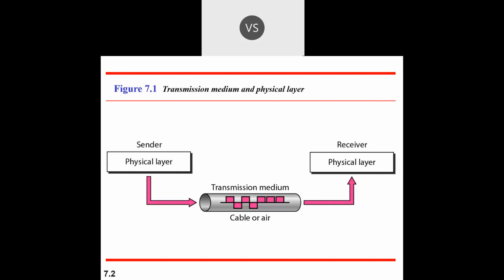So what is the task of the physical layer with this cable and air? Whatever signal is coming from the physical layer, according to those signals, whatever signal is going to be inside your cable, like if you have a coaxial cable, there are electric signals. If there are optical signals, there are fiber optic cables.